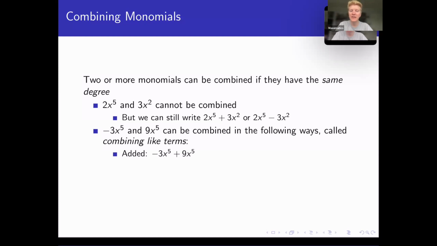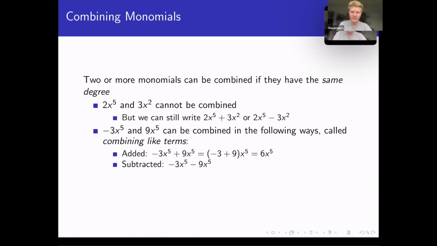Okay, so if we wanted to add these things, well, what we're doing is just adding the coefficients. So if I have negative 3x to the 5ths and 9x to the 5ths and I add them, I now have 6x to the 5ths. Okay, right? Negative 3 apples plus 9 apples, you now have 6 apples, except now those apples are just the degree term, x to the 5th.